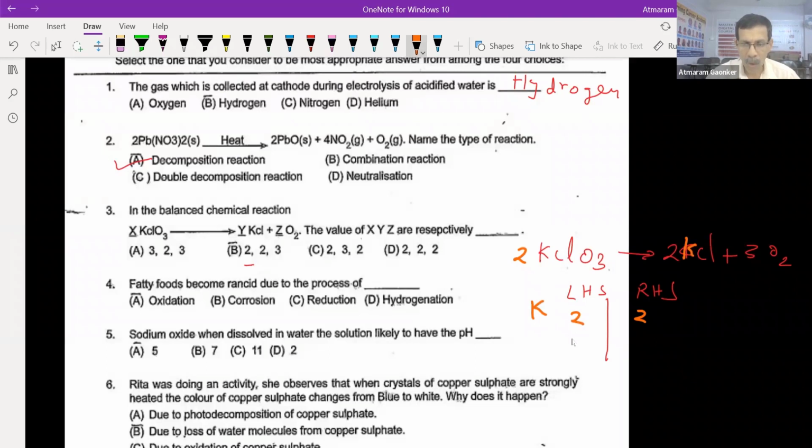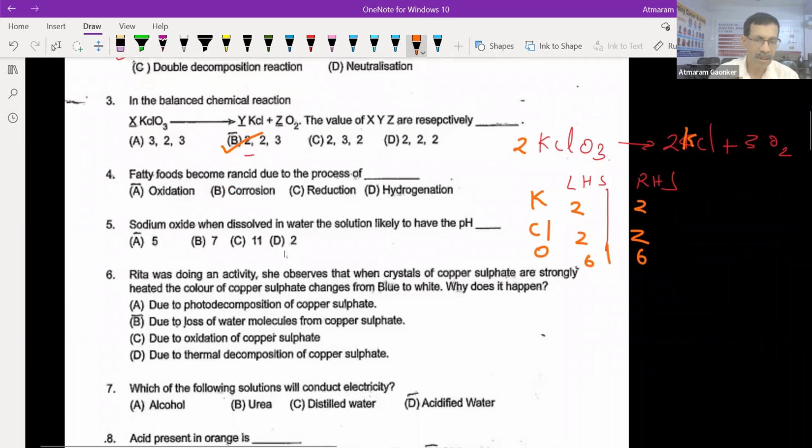Then if you see the chlorine, chlorine is 2 on this side, and chlorine is also 2 on this side. And the last one is oxygen. Oxygen is 3 into 2, 6 on this side, and 3 into 2, 6 on this side. So the second option makes it balanced. So option 2 is the correct option.